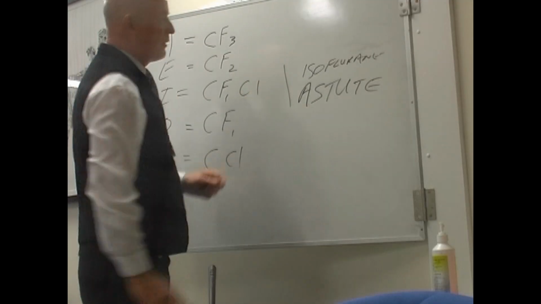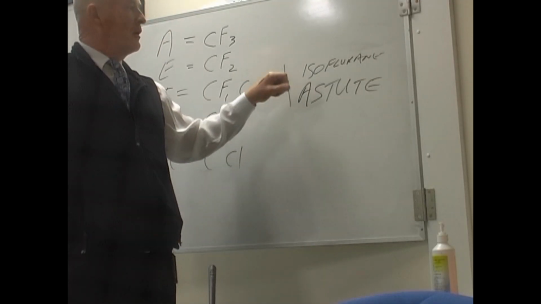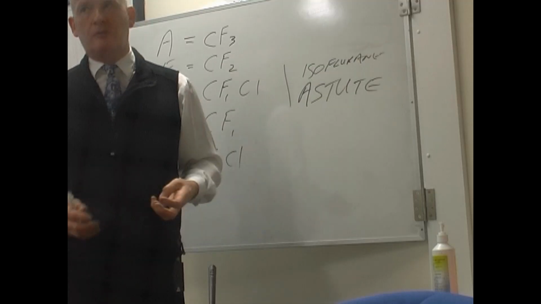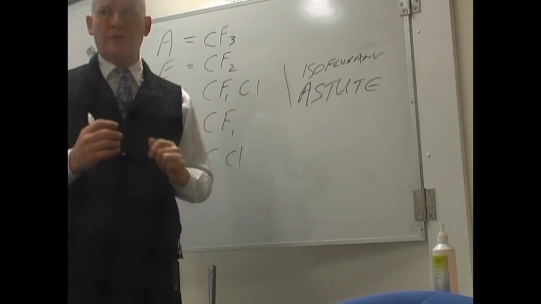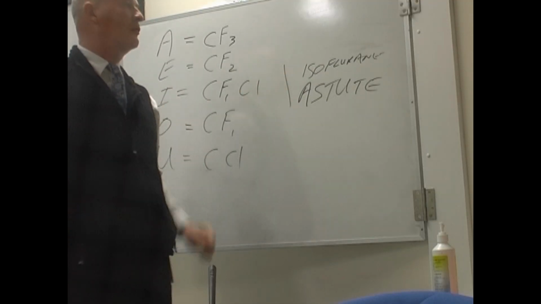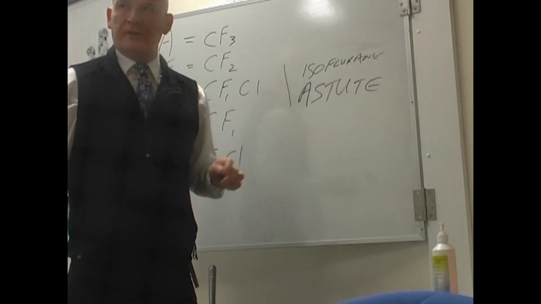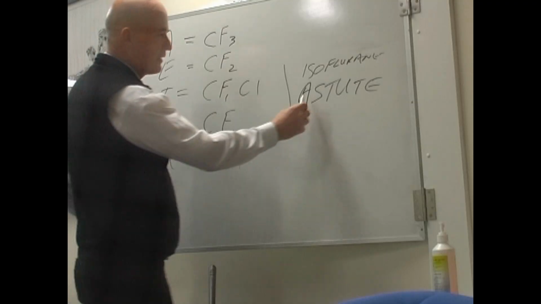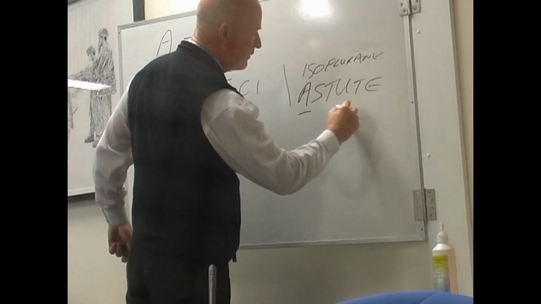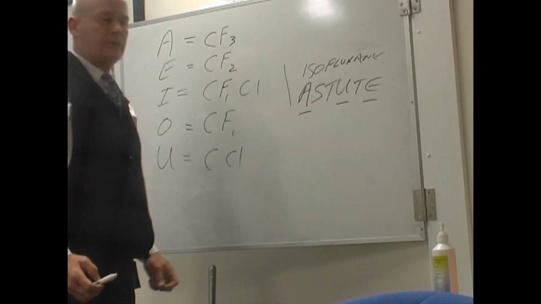Anyway, the issue with isoflurane is that it started with a lot of controversy, and so you had to be relatively astute while you were using it. It turned out to be quite a good agent, a very popular agent. But you probably don't need to be quite so astute now to use it, but the utility of A, U and E tells us its structure.